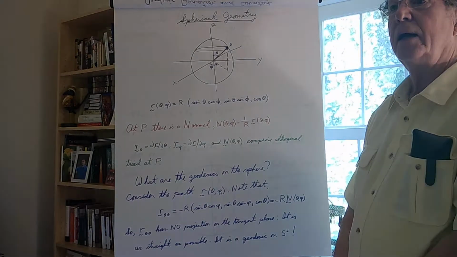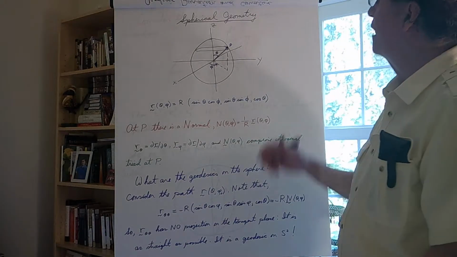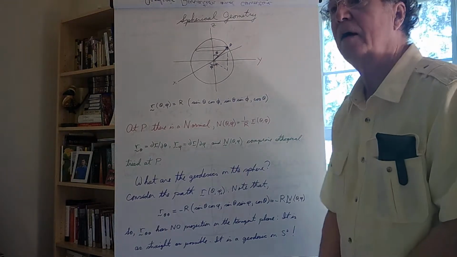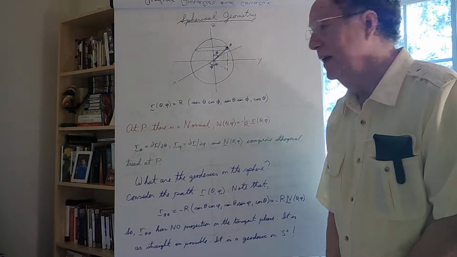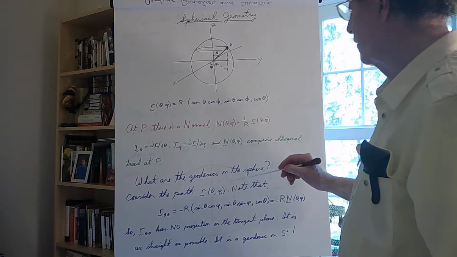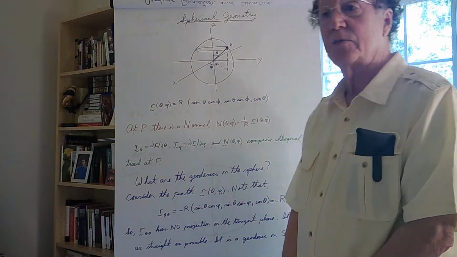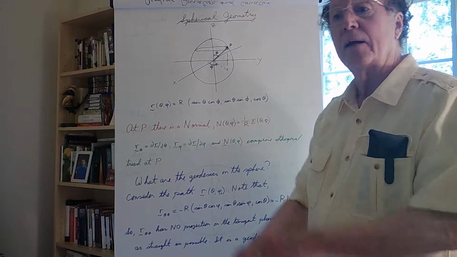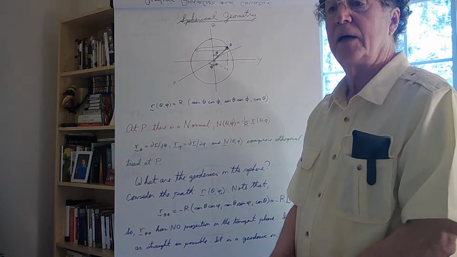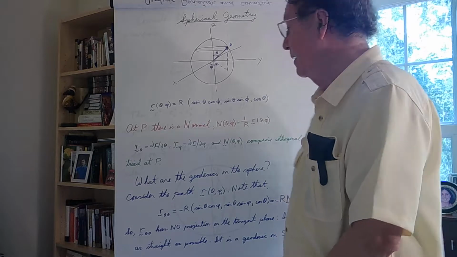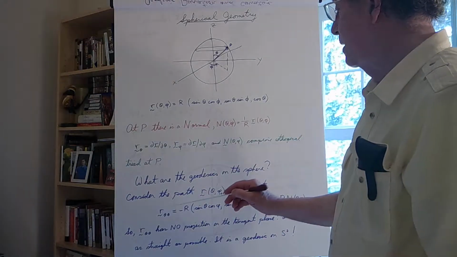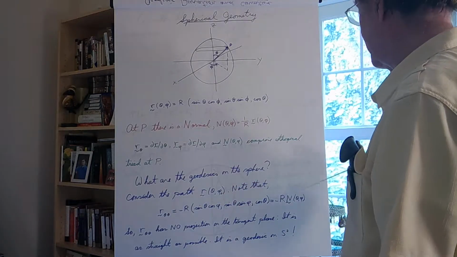So from the perspective of a bug or a person on the sphere, they see that curve, the curve of variable theta but fixed phi, as being as straight as possible. If they can only measure the components of a vector in the tangent plane, well, this curvature has no components in the tangent plane.